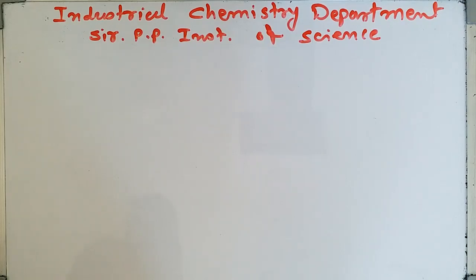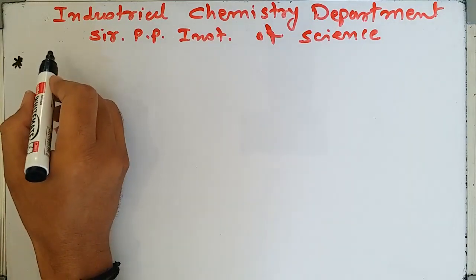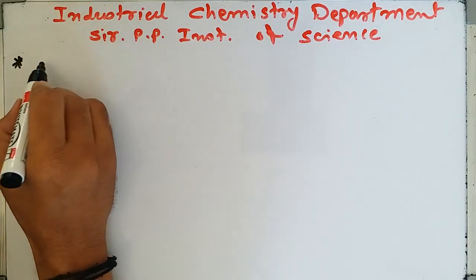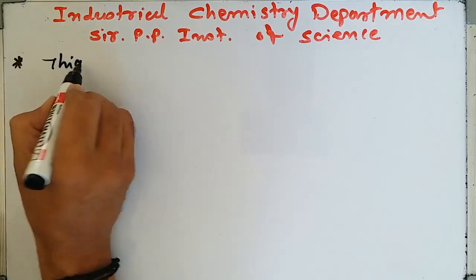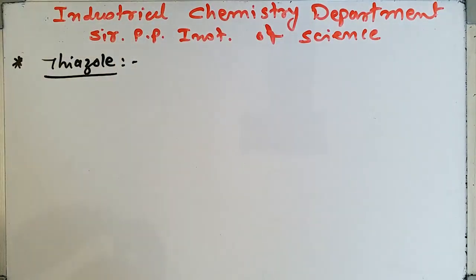Today we discuss our next heterocyclic compound, thiazole. Thiazoles are five-member rings containing three carbon atoms, one sulfur atom and one nitrogen.